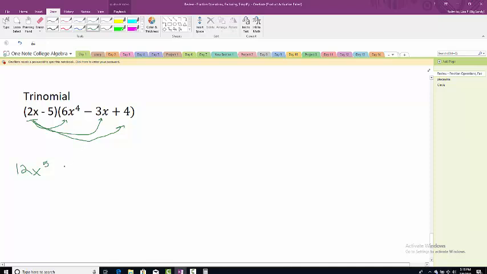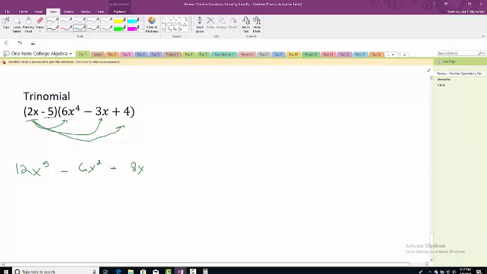And then we have minus 6x squared and then we have plus 8x, and we have multiplied the 2x times each and every term. So we're going to do the same with the minus 5.